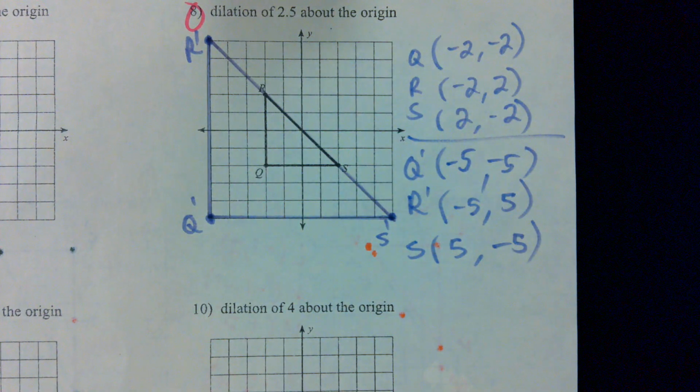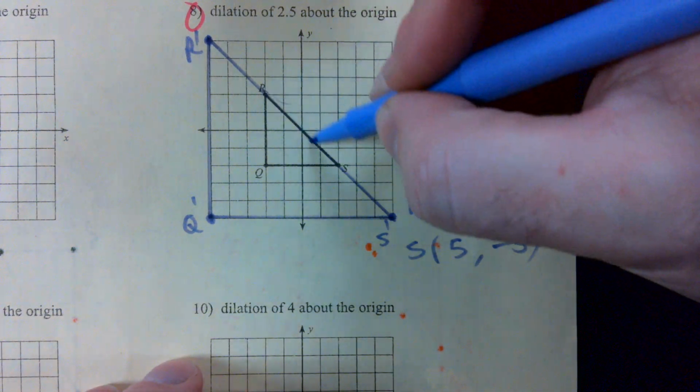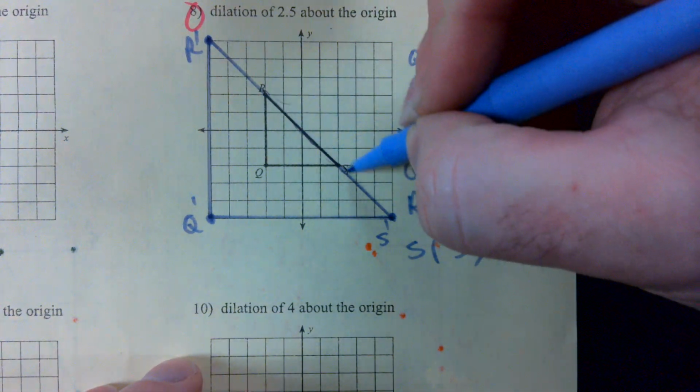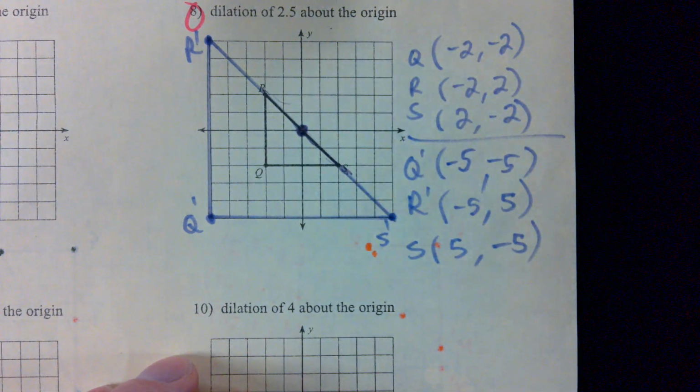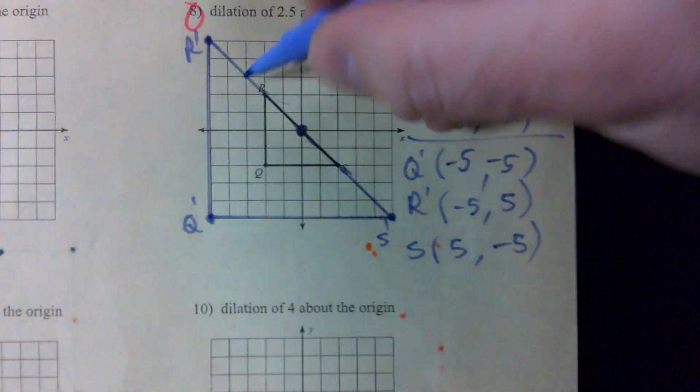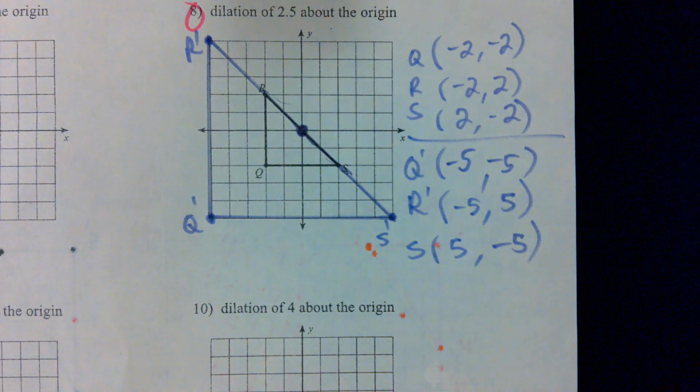Just like that. So we got 2.5 times bigger. And again, RS, our original side of the triangle, cuts right through the origin. So our image line there also cuts right through the origin. Okay?